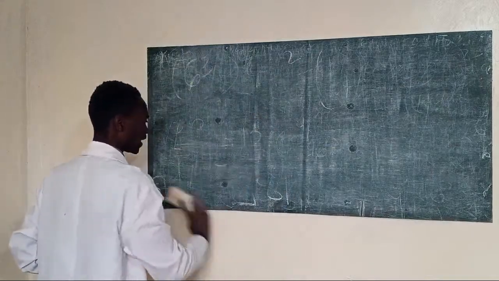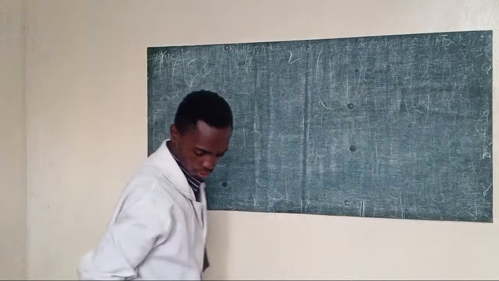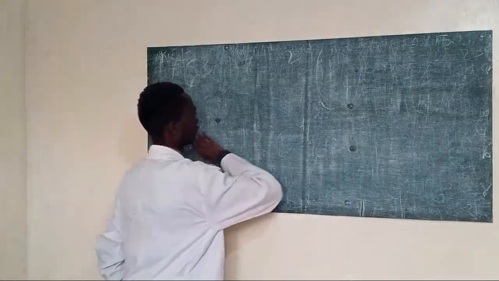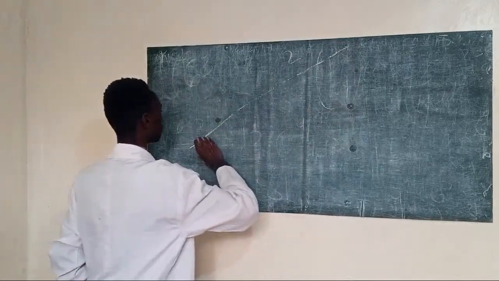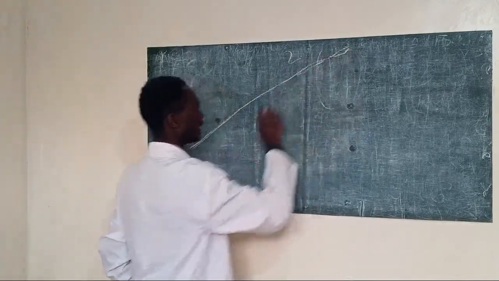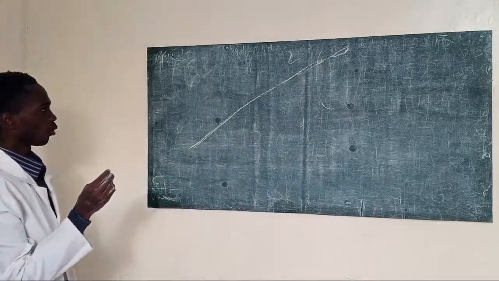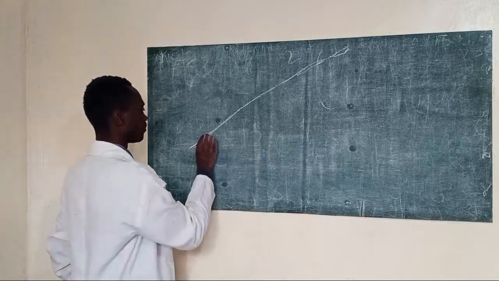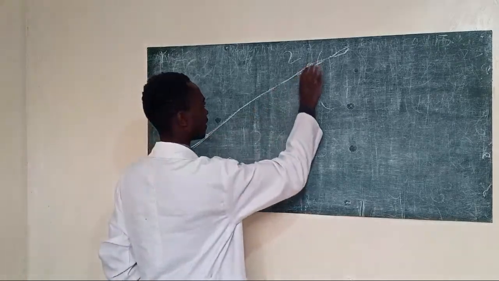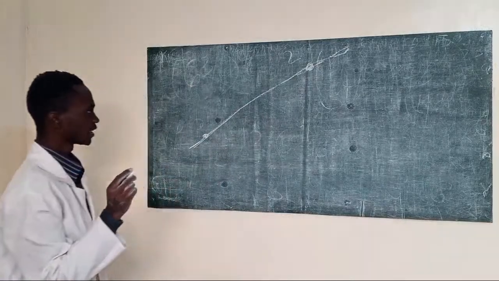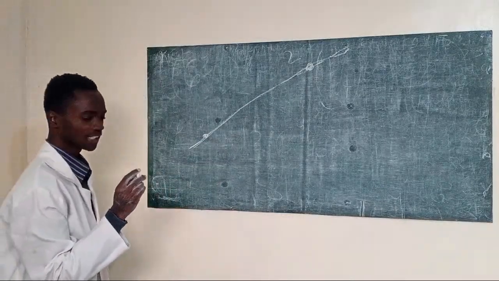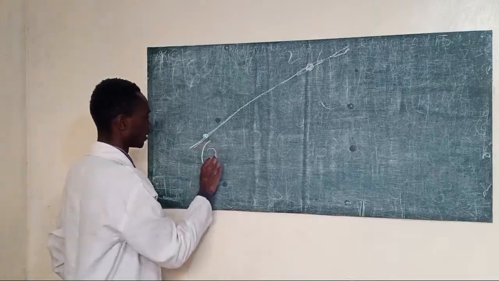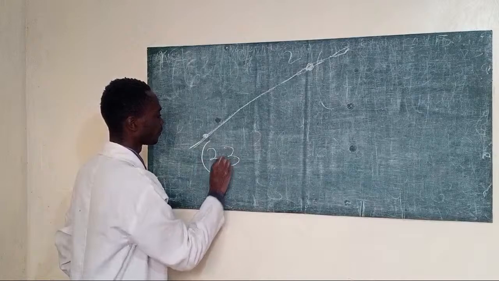I'm going to draw a line. One of my lines will have 2 points. In one of the points, I'm given the coordinates as 2, 3.